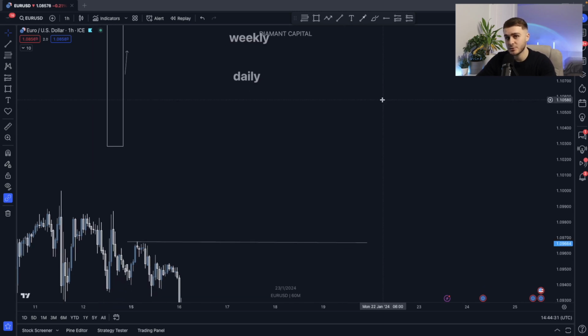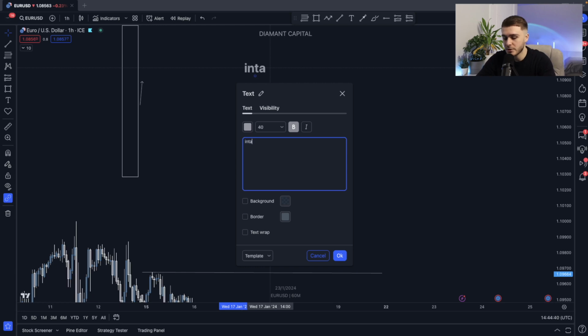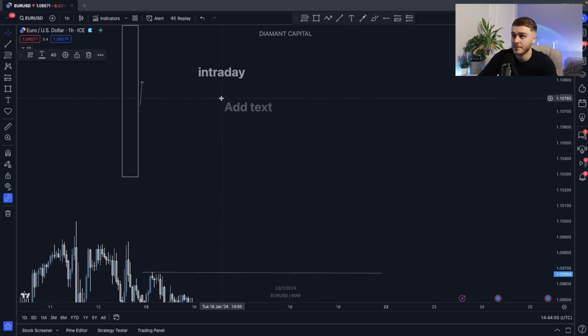So getting into the lower time frames, we can also expect this, but it depends on where you are in the day. Now remember, when we're talking about the intraday time frame, we've got 4 key times that we do look at.